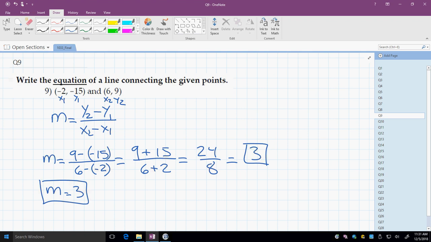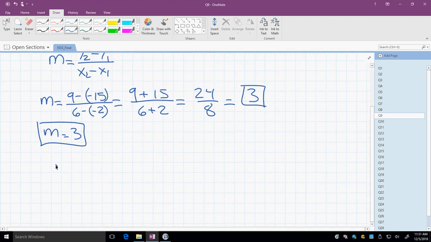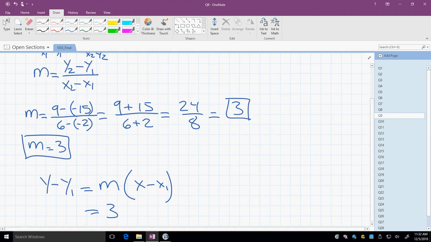Now that you have the slope, you can go ahead and use this formula: y minus y1 equals m, open parentheses, x minus x1. You can pick any point. You don't have to use the 1 or the 2. Either point will work.